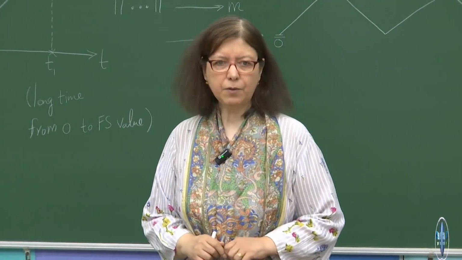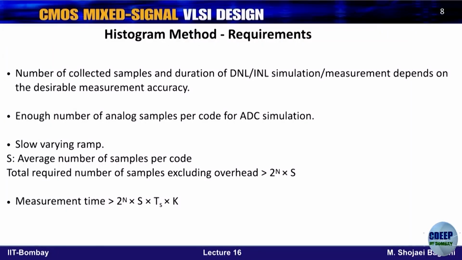So overall we have the method, and this is a very slow method. The overall measurement time depends on the number of bits, on the factor K if it is not 1, on the sampling frequency, and on the average number of samples per code, S, shown by the letter S here.